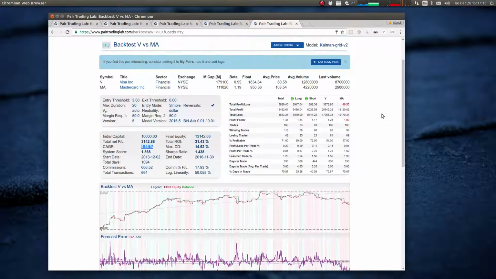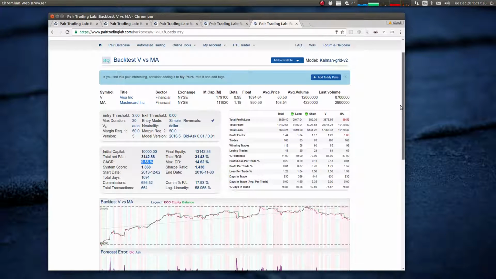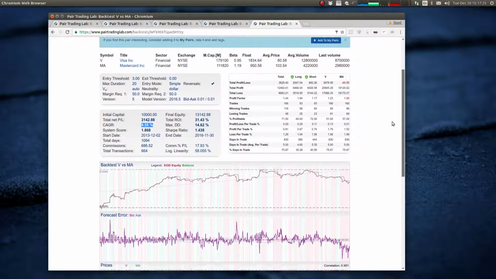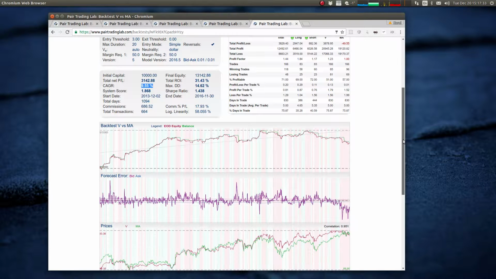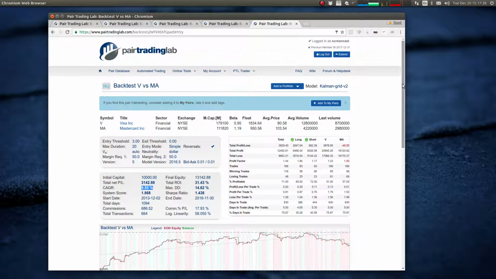So this is the disadvantage of this model. But you need to always experiment and try. I always suggest to try both these models to see for this particular pair which one works better.